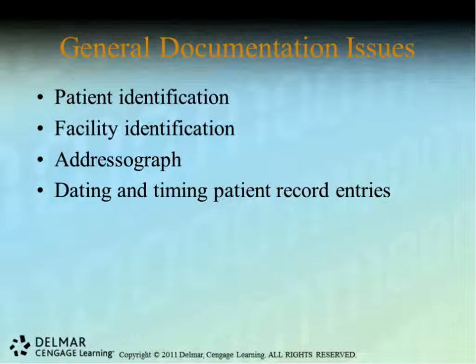We're going to maintain those records. We have to have a process and procedure in terms of author identification and as to how we're going to maintain those records. We also have to have information within that record that is going to justify why that person is being admitted to that facility.